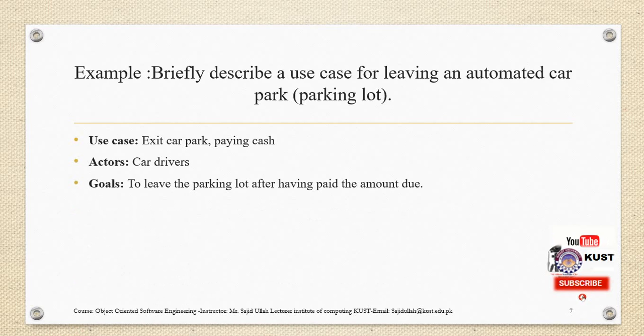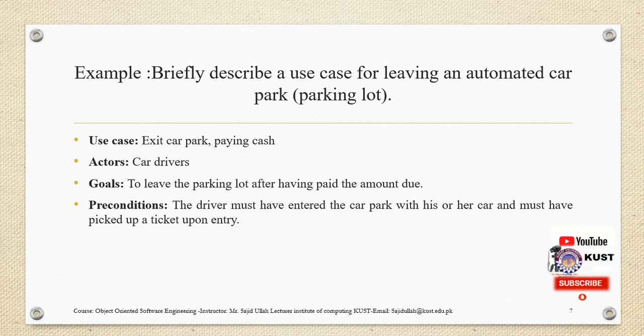Actors are car driver. The goal is to leave the parking lot after having paid the amount due. Preconditions are the driver must have entered the car park with his car and must have picked up a ticket upon entry.